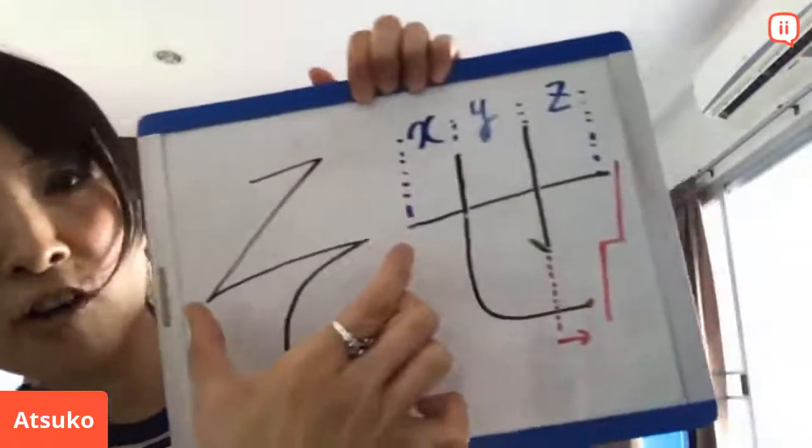Okay, the last hiragana of S line. そ is slim hiragana. This is only one stroke. This line is the longest.